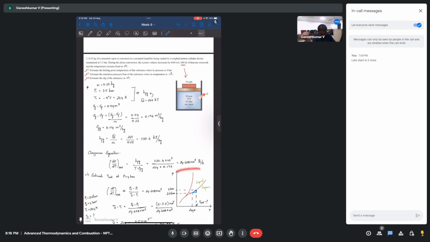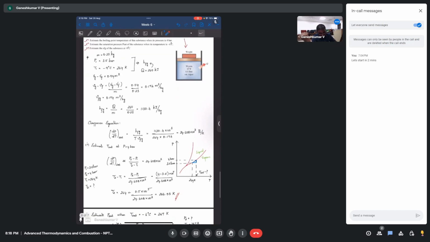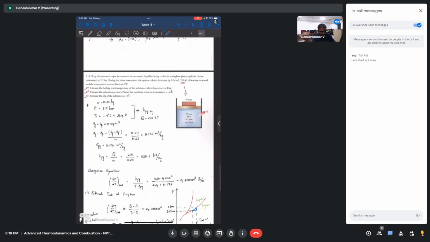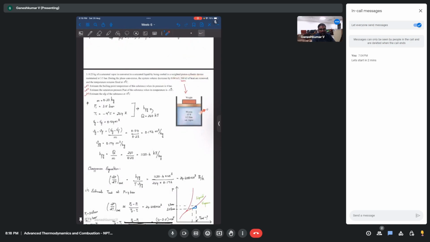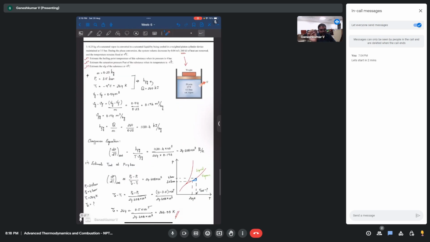We found this dp by dt saturation using the experiment with the weighted piston cylinder device, which calculates how much heat is removed from the device. Applying the Clapeyron equation, we were able to find dp by dt sat, which is nothing but the slope in the PT plot.